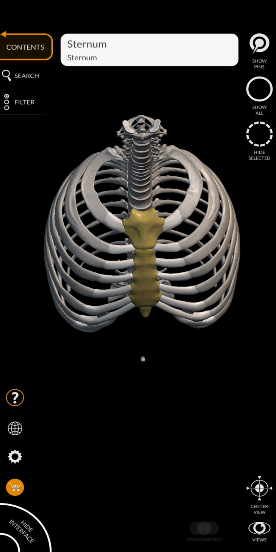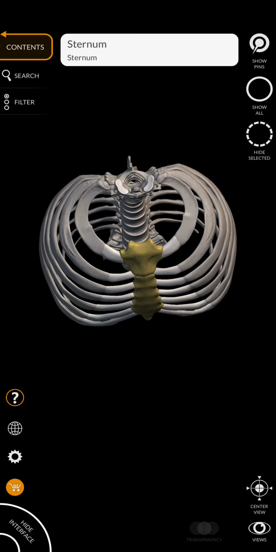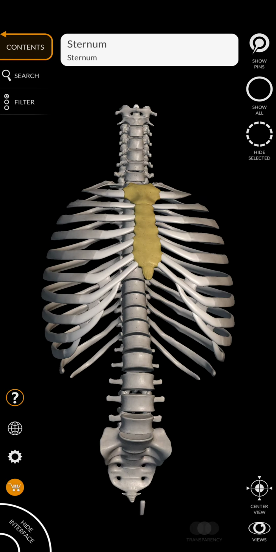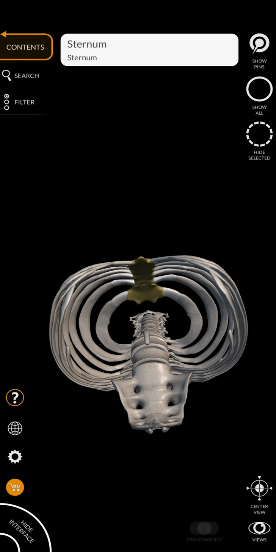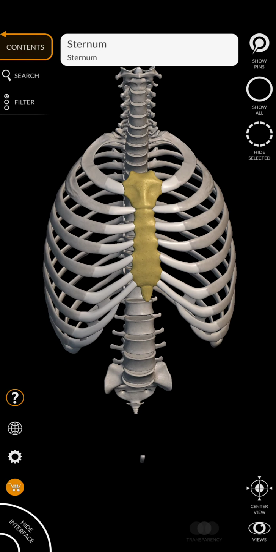But it's not only elements going in the thorax. There are certain elements that go out of the thorax, such as veins and certain nerves. So it's not a very exact name, but they call it the inlet. And then we have the big hole, which is the inferior thoracic aperture, which is called the outlet.